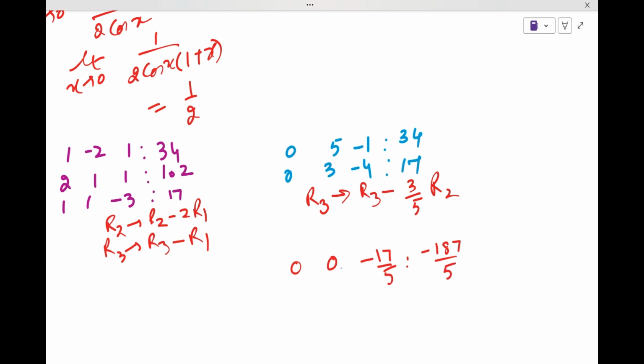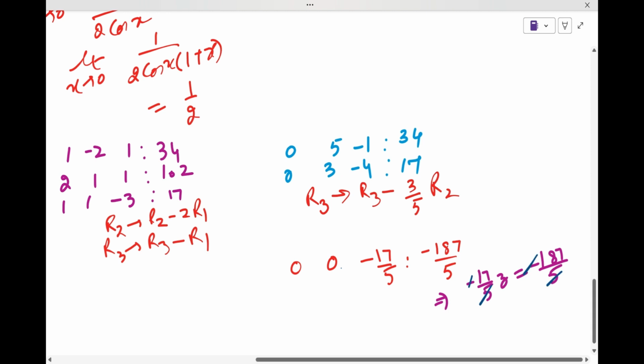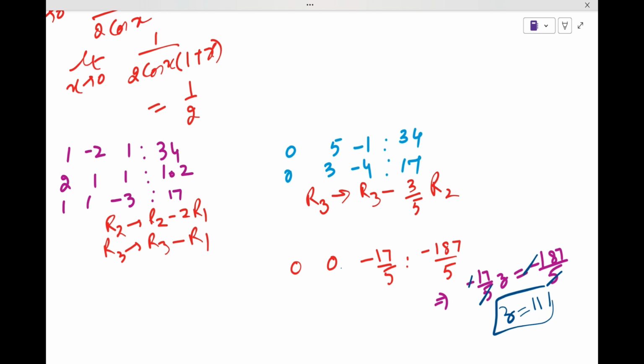Now this third row gives the element of z. So just convert it into the equation: minus 17 by 5 z equals minus 187 by 5. So 5 cancels, negative cancels. So z equals 11.